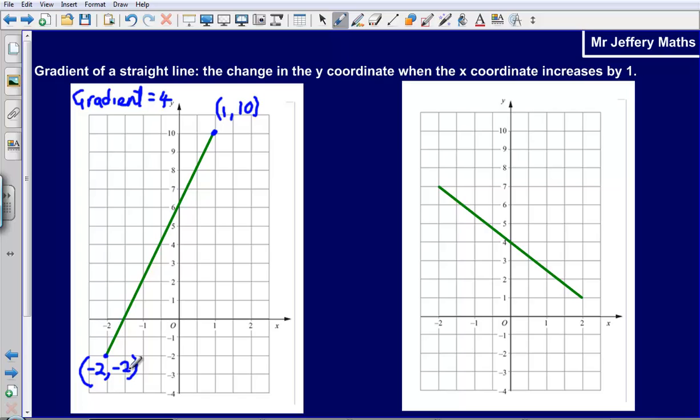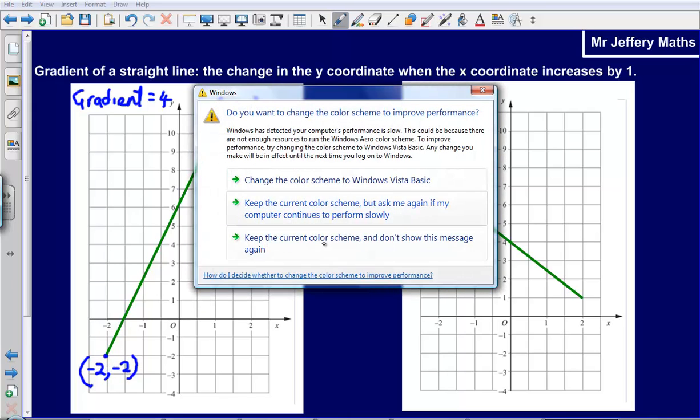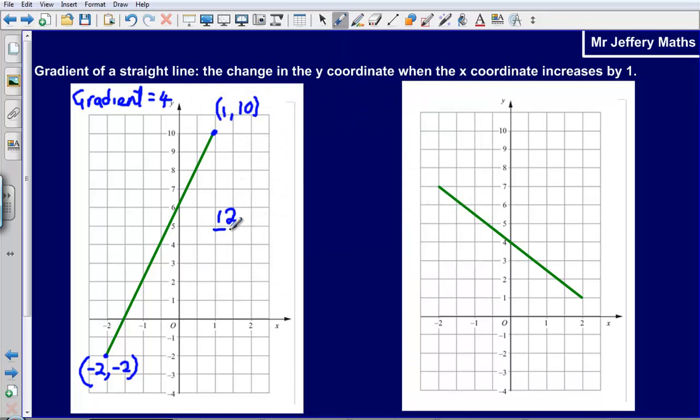The difference between the y coordinates is 12, and the difference between the x coordinates is 3. So what I could say is that it is 12 divided by 3. That will tell me how much I'm going up by each time, and as you can see, that answer is still going to be 4.